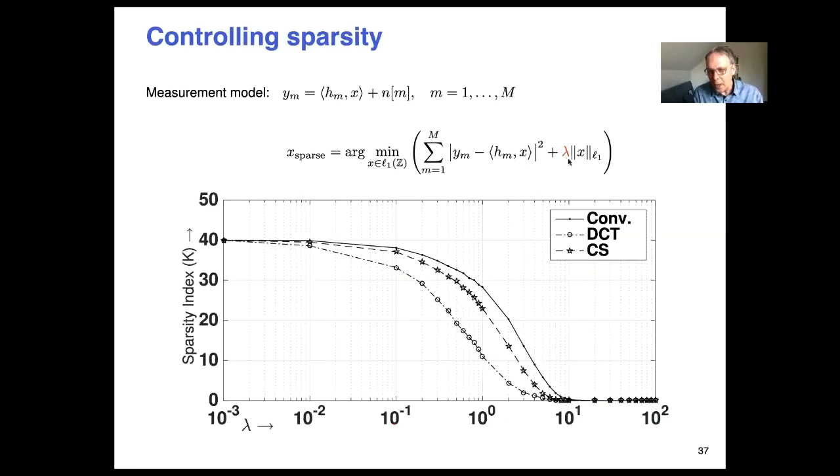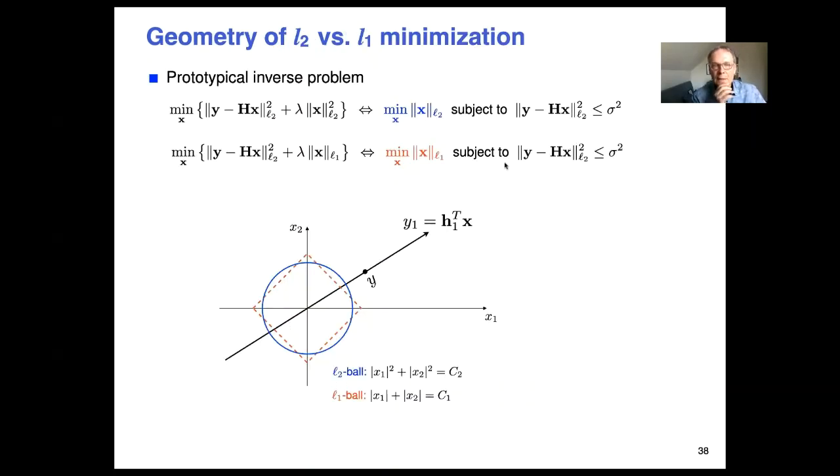Now, if you crank up the lambda, putting more weight on the regularization, here you can measure the sparsity, increasing lambda and looking at different measurements. That's just an experiment showing that if you crank up the lambda, you will actually produce sparser solutions.